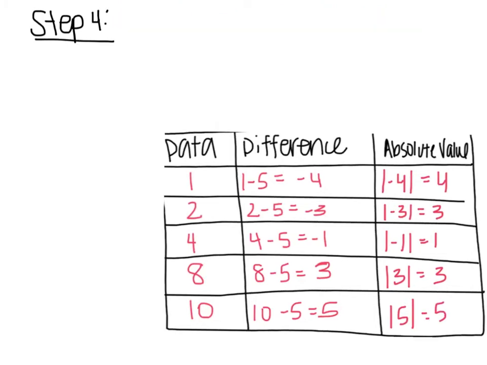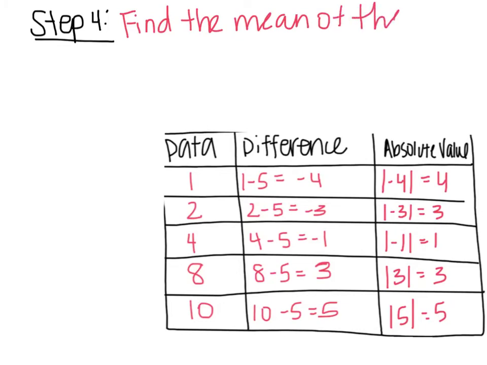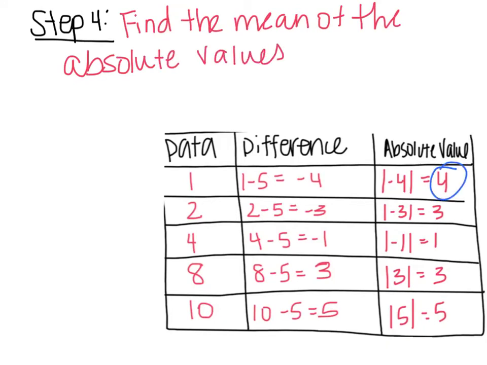Step 4 is going to be to find the mean of our absolute values. So find the mean of the absolute values. So that is going to be 4, 3, 1, 3, and 5.